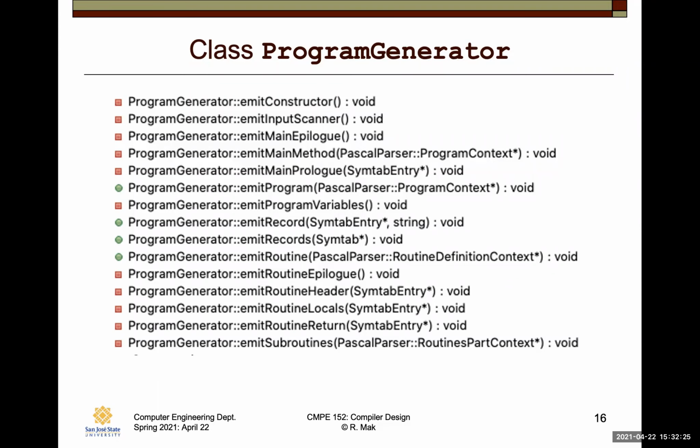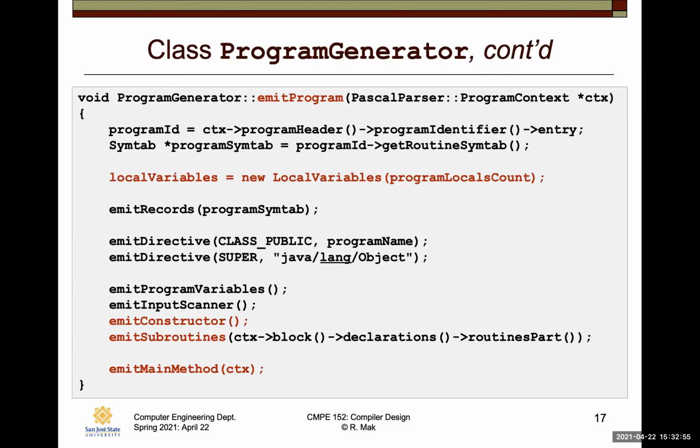The reason it's in here is because remember, every Pascal record becomes a separate class in the Jasmine code. It's actually a totally separate Jasmine file. So I put it in program generator. It just seemed like the right place to put the emitters for records. So that's program generator.